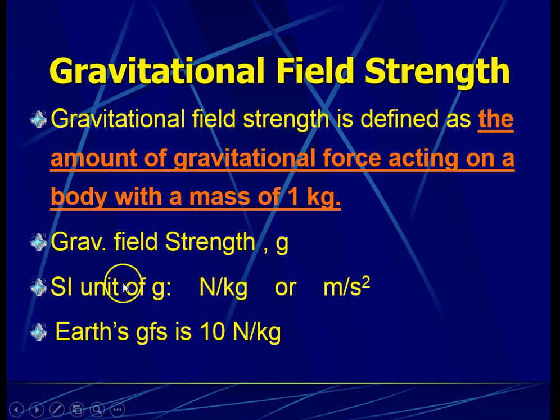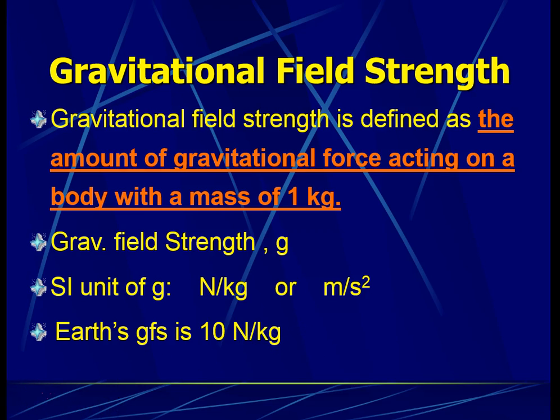The SI unit of gravitational field strength is none other than the Newton per kilogram, or sometimes you will see it expressed in meters per second squared. Let's find out what Earth's gravitational field strength is. Earth's gravitational field strength is 10 Newton per kilogram.